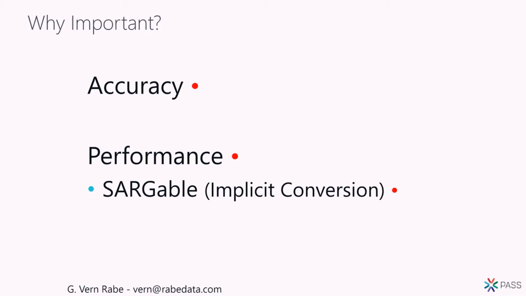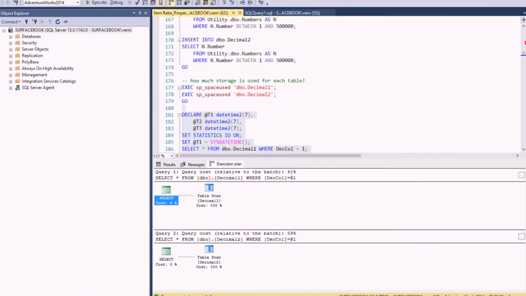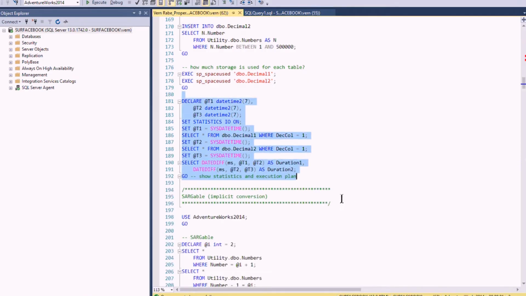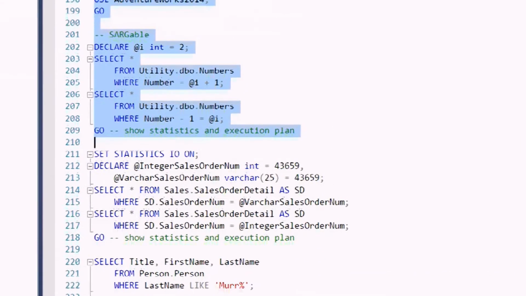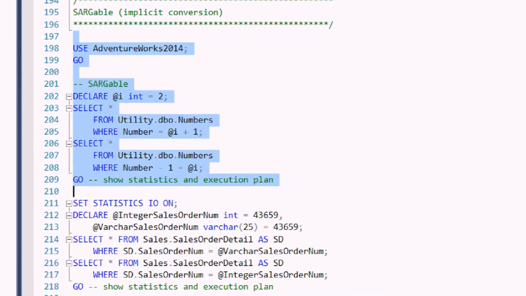To show you that, here's a couple of simple queries. By the way, this is SQL Server 2016, and I'm using AdventureWorks 2014. That really doesn't matter that much for what I'm doing, but you should get very similar results on 2012 or 2017.